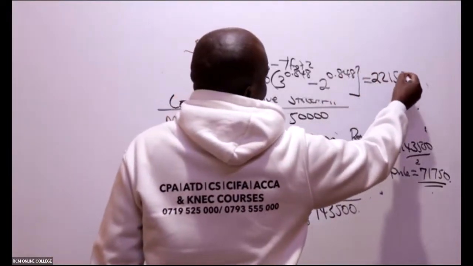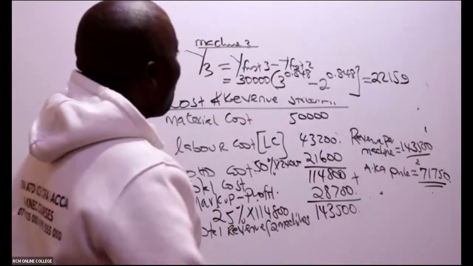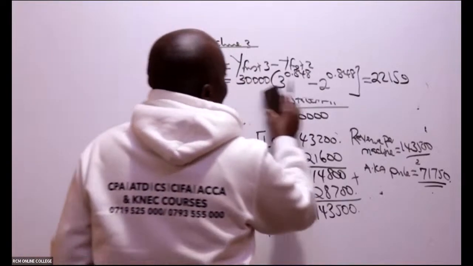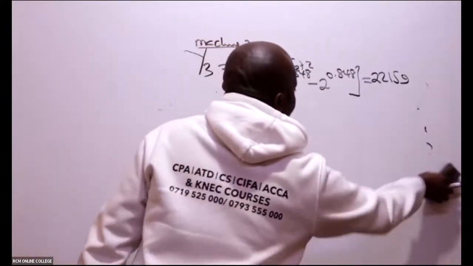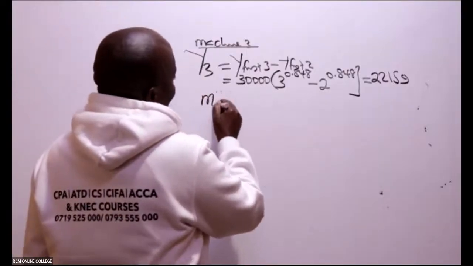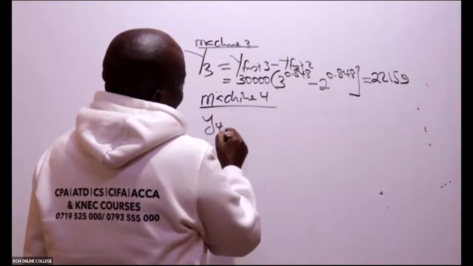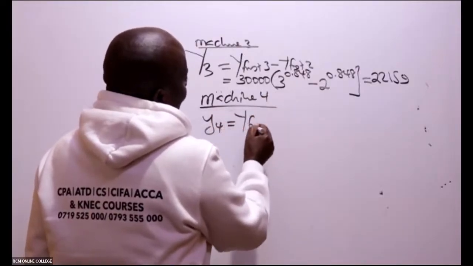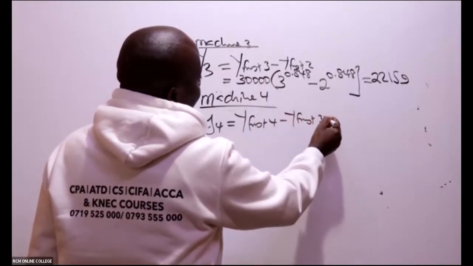22,159. Now, can you kindly go ahead and do the same for machine 4? So for machine 4, what do we have? First of all, this needs expansion. So it is Y4, so it will be Y first 4 minus Y first 3.